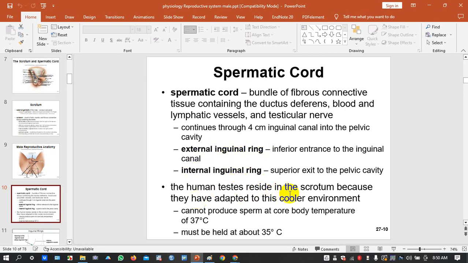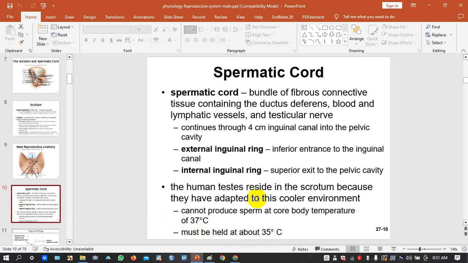The human testes reside in the scrotum because the scrotum has been adapted to a cooler environment, meaning that in the scrotum, sperm cannot be produced at a physiological temperature of 37 degrees. It must be produced at a lower temperature of 35 degrees. So the scrotum is a cool environment that houses the testes to be able to produce semen at a lower temperature.